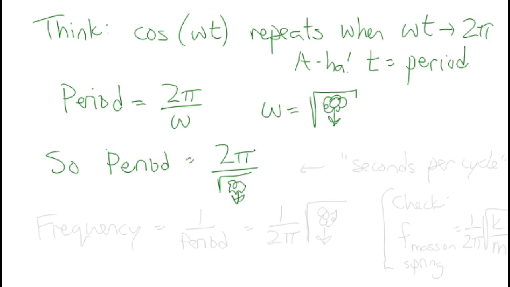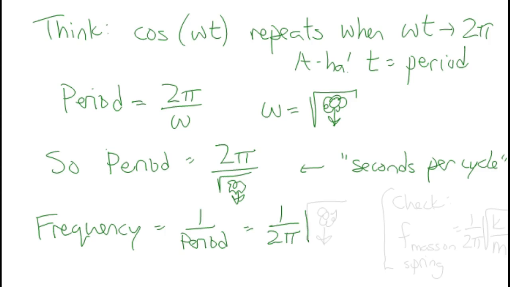And we know that frequency, measured in cycles per second, as opposed to the period, which is seconds per cycle, is 1 over the period, which is just 1 over 2 pi times the square root of flower.